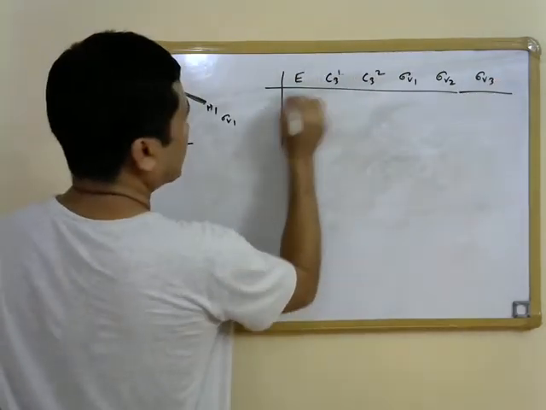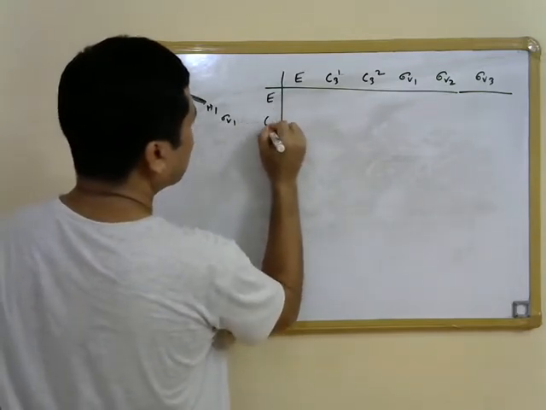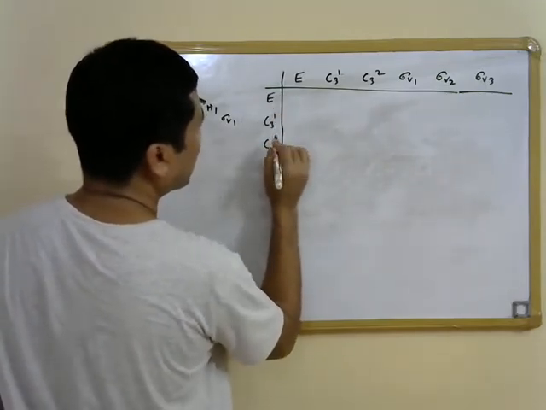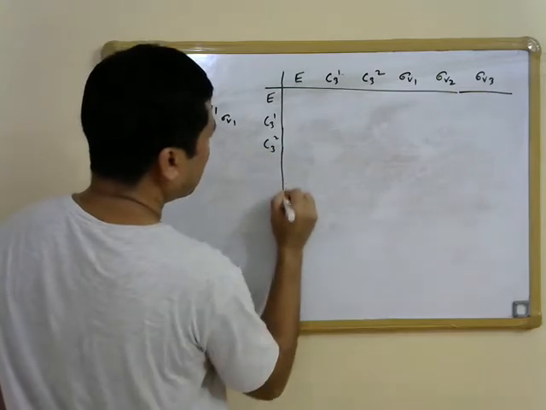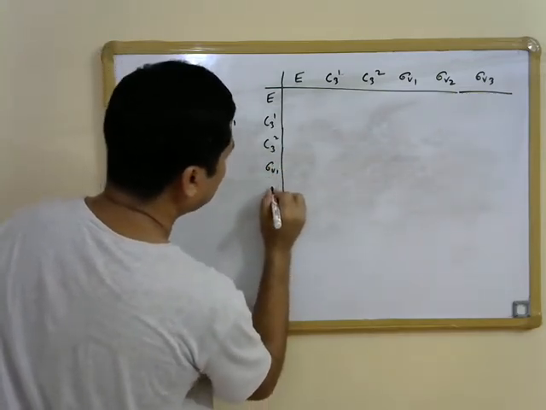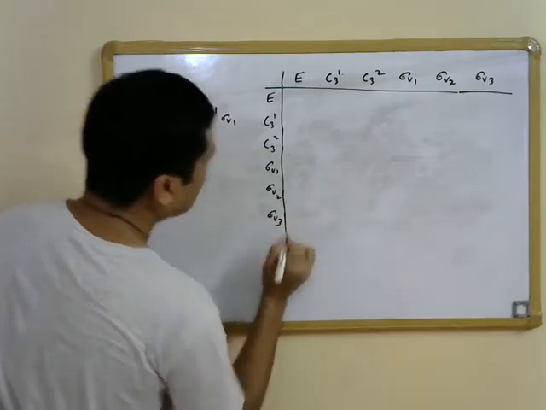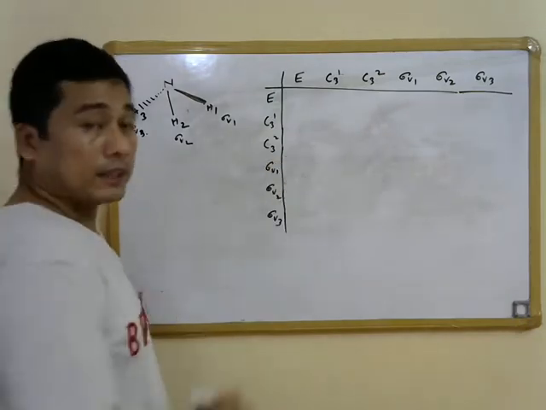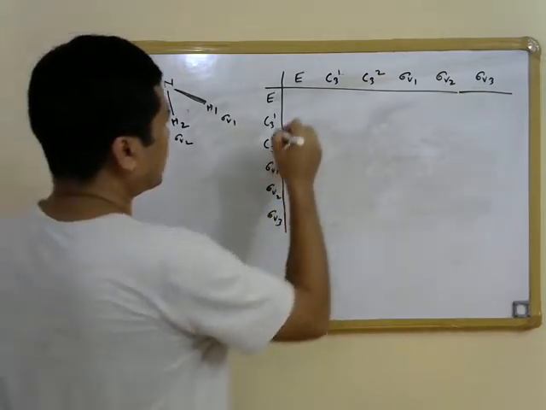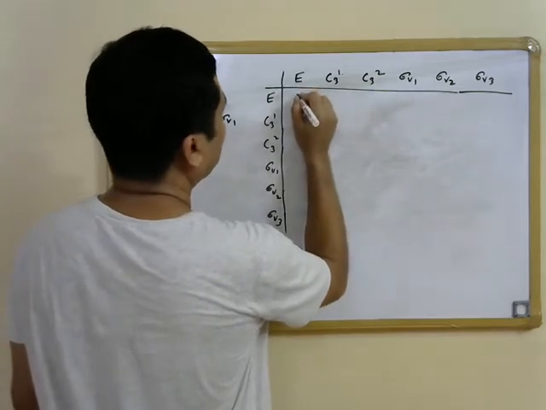Then let's also try to draw the group multiplication table here, because in order to find out different classes, we need the group multiplication table, or we need to know all the products of different symmetry operations. So let's try to complete this group multiplication table for the symmetry operations in the ammonia molecule.